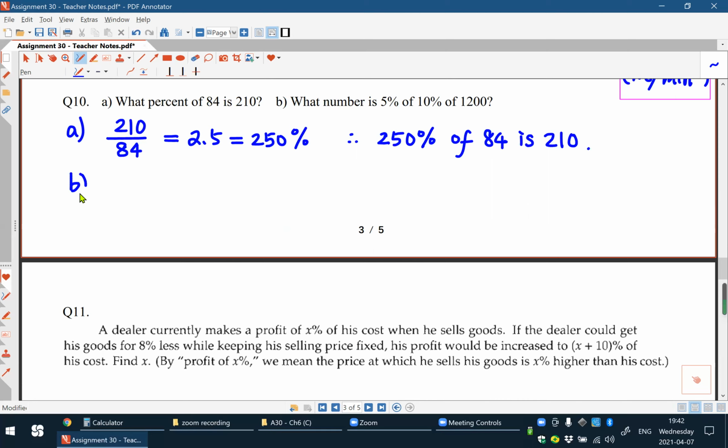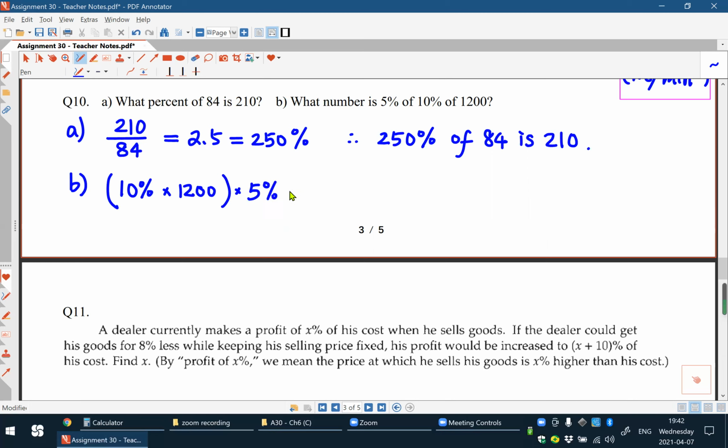Okay, and question B. What number is 5% of 10% of 1200? That means, first of all, we need to find 10% of 1200, and this number times 5%.